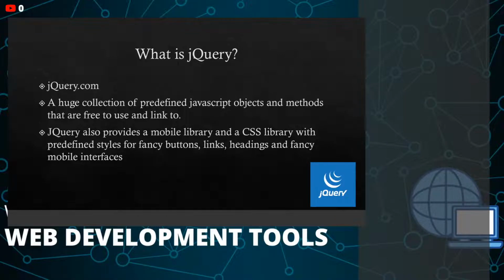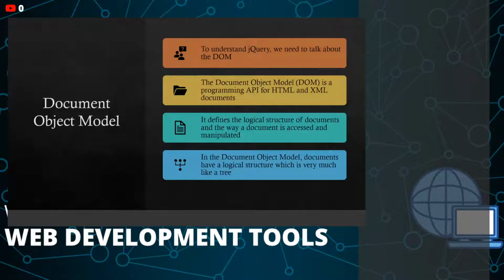Now, jQuery does work on the document object model, and the document object model is a big thing that we've been talking about since the beginning of time, or at least the beginning of the program here. We start out talking about the DOM, or the document object model, in CTI 110, and it really doesn't leave our side until we're done with the program.